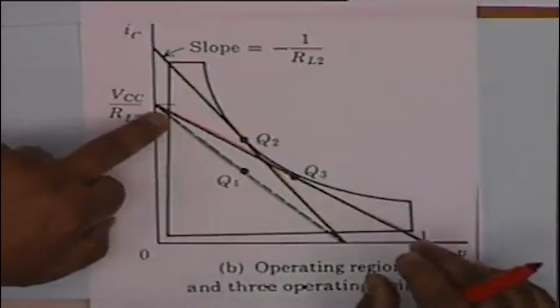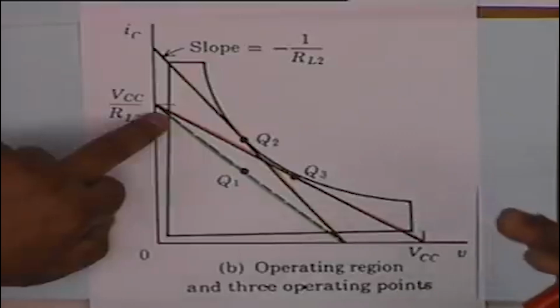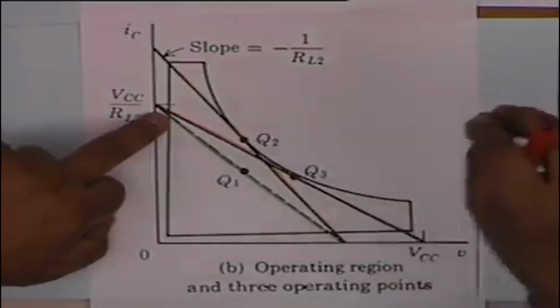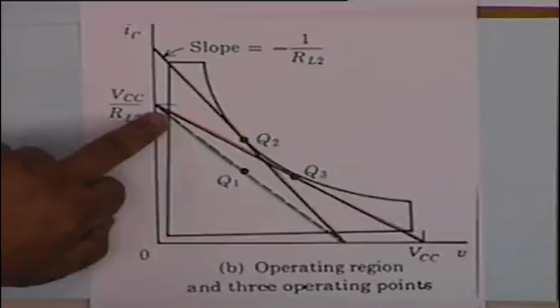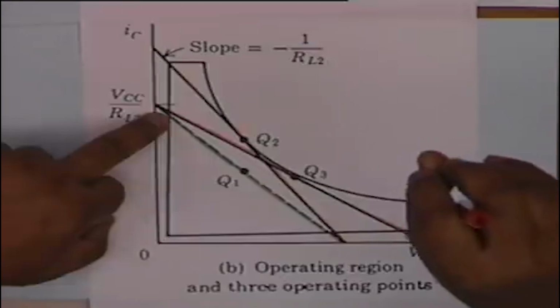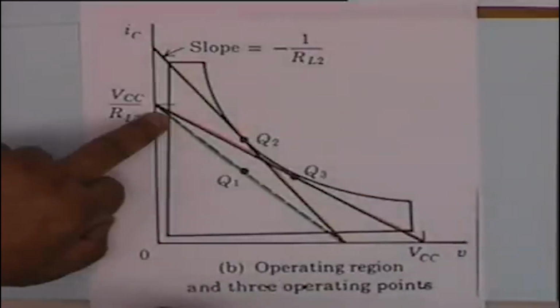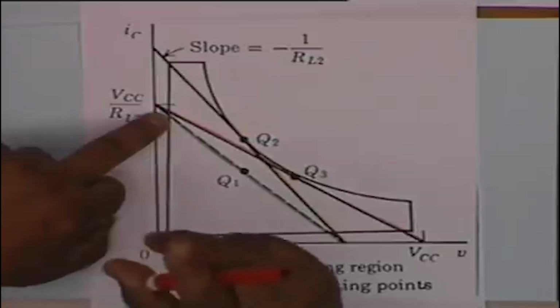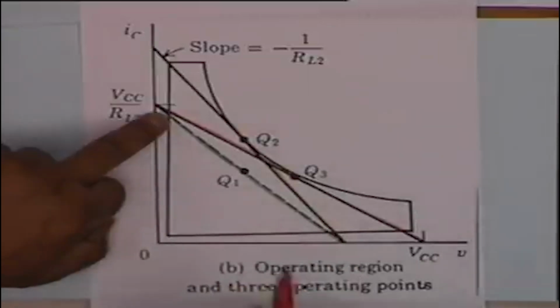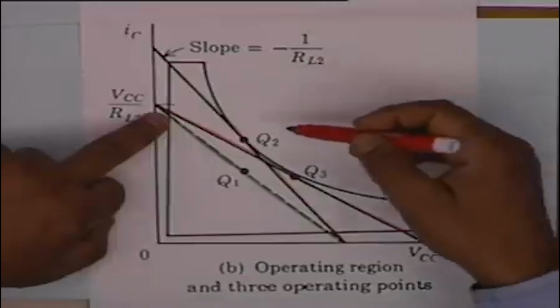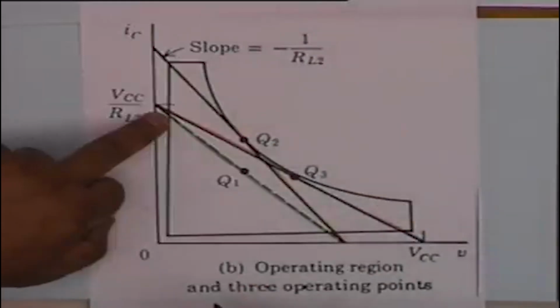In a power amplifier, you require maximum possible swing in voltage as well as current, and you want the transistor to be driven to its limit. The larger the swing, the larger will be the power dissipation in the transistor, but the power dissipation cannot exceed PD, and therefore any Q point on this hyperbola will make sure that the transistor is being driven to its limit.